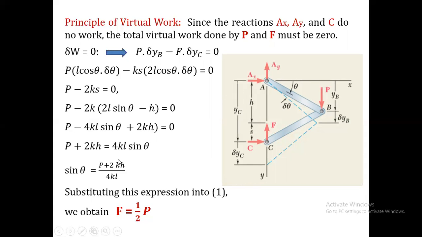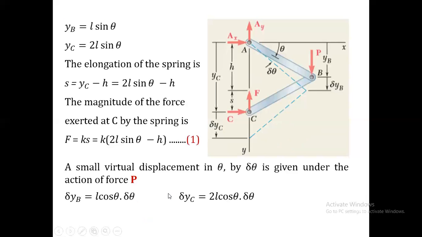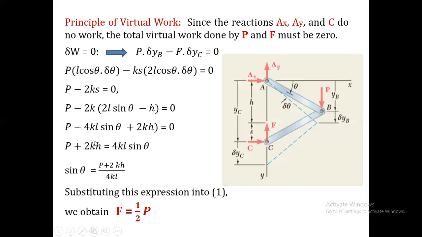K is our spring constant, H is the unstretched length of the spring, and L is the length of each link AB and BC. They are of equal length, which is given to us. Once we substitute sine theta into the expressions above, we can compute the value of F, so we can obtain the spring force.